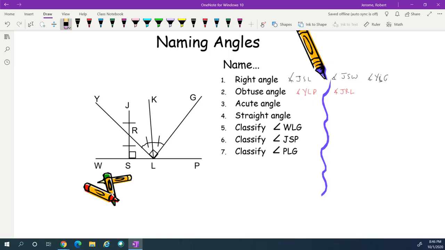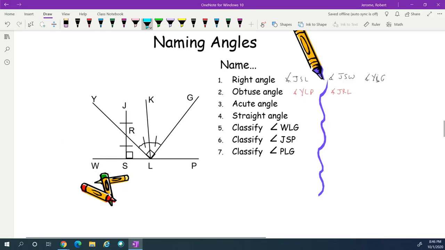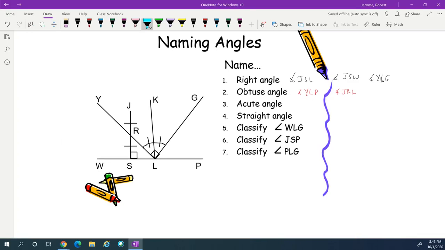Number 3, we're looking for an acute angle. So an angle that is definitely less than 90. And there's some that certainly look it. What if we did YLW? That's less than 90. So that'll work. Angle YLW. That's a good one.